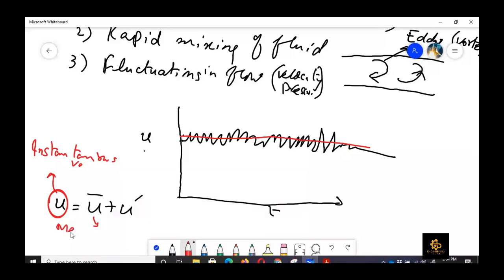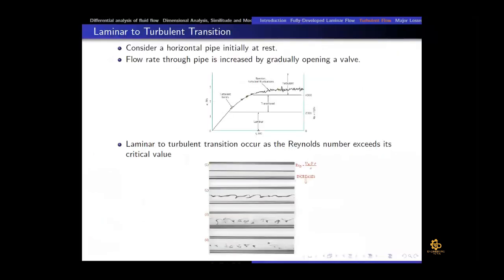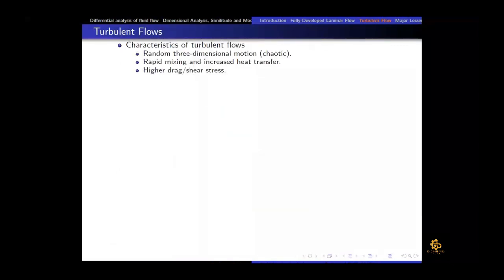We are talking about the mean velocity in time, not in space, and this is the fluctuating velocity. So it has three characteristics.